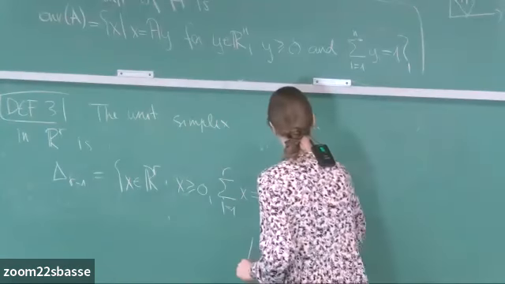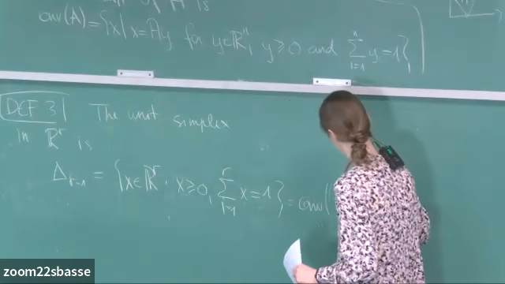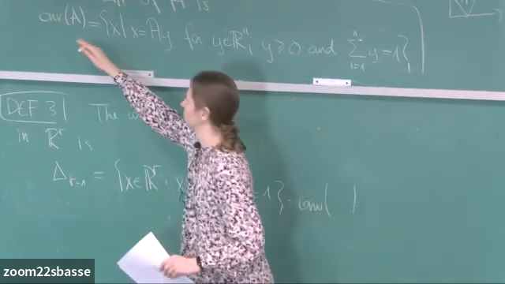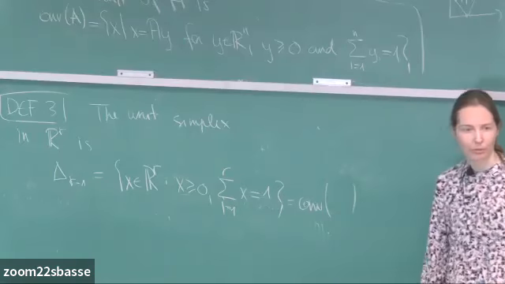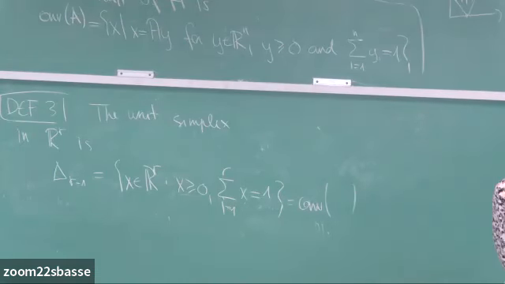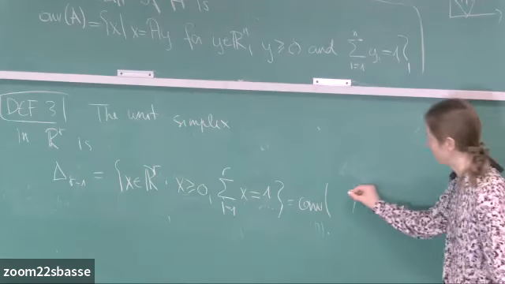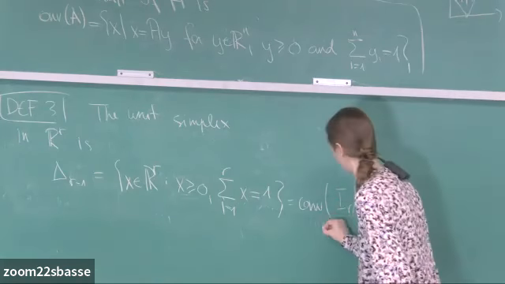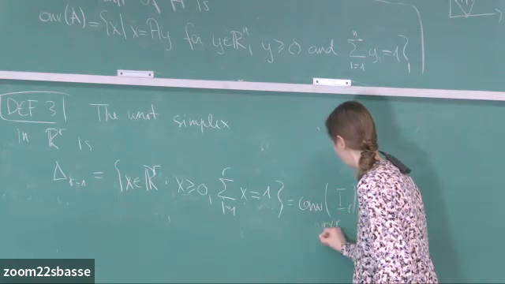Or, can anyone tell me, if we use the notation that we just introduced as a convex hull, what should I write here? Identity matrix. Yeah, so the identity matrix I_r, right? So this is the r times r identity matrix.